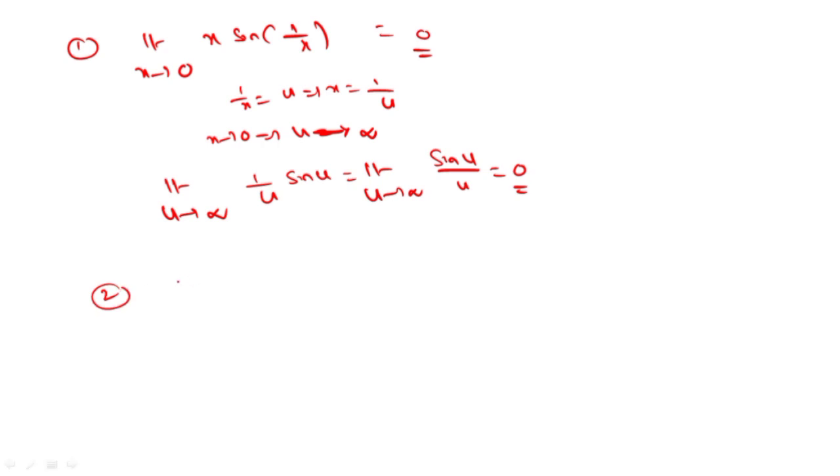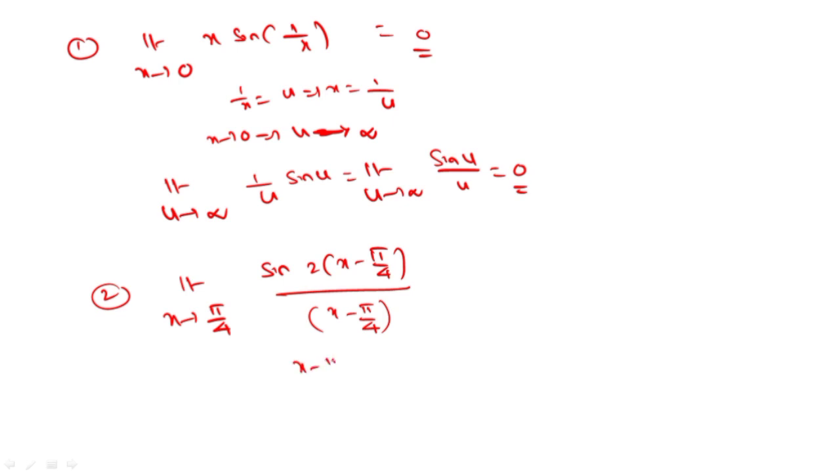Now we go for the limit x tends to pi by 4 of sine 2 times x minus pi by 4, by x minus pi by 4. Here also I would like to take x minus pi by 4 as u, and as x approaches pi by 4, u approaches 0.